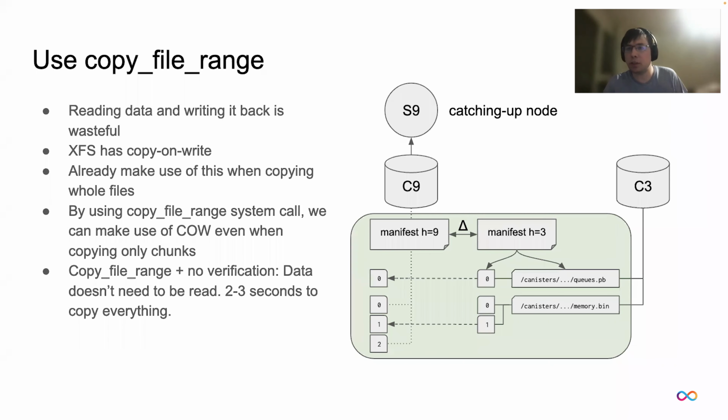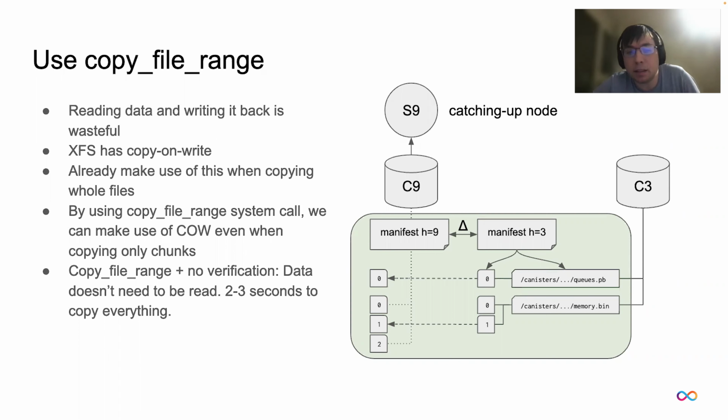And that's a pretty cool feature because it means that if you tell it to copy a file, it'll basically be done immediately. Now, if you do what we did of reading a chunk from one file and then writing it to another, you completely circumvent the smartness of the file system. So the answer to that is not do that.